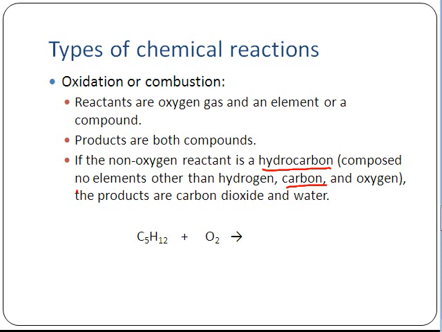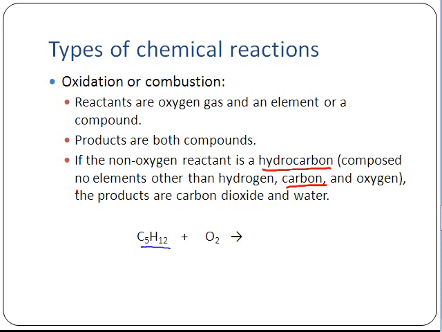So taking a look at what we have here, C5H12 plus O2, what should tip you off is that it's compound plus element, but the element is oxygen, it is O2, and so you're going to say this is an oxidation reaction. Now, the one that we're pulling in, C5H12, that's carbon and hydrogen. That means this is a hydrocarbon.